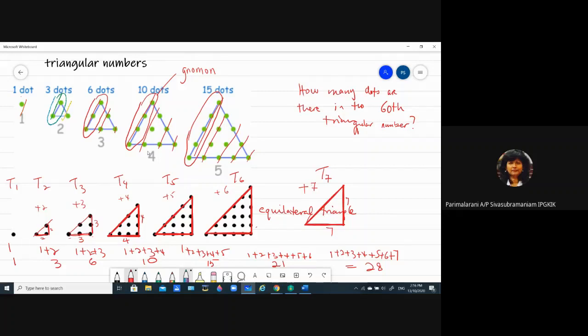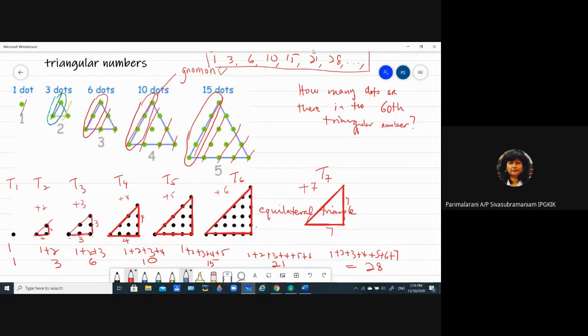If you just look at the triangular numbers, they are 1, 3, 6, 10, 15, 21, 28, and so on. From here, can we see any pattern? What is the difference here?